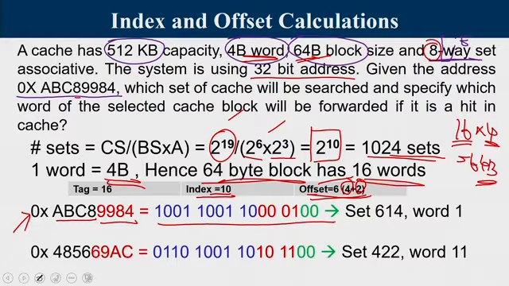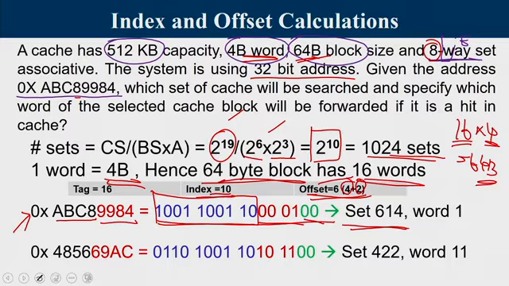The first 10 bits shown in blue color indicate the set index, then the 4 bits in red color are the word number and the green color is the byte within the word. So, for this particular address, if you take the blue portion alone, then the decimal value is 614. So, given this address, it is mapped to set number 614.